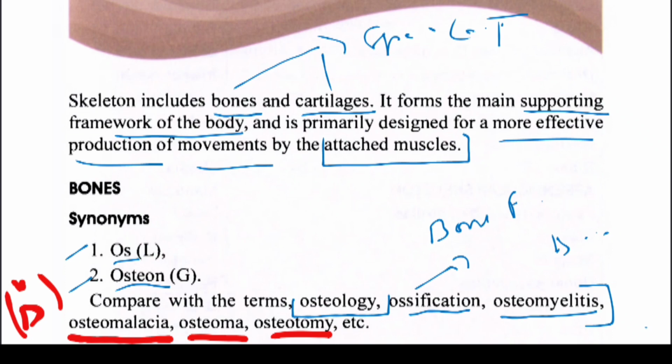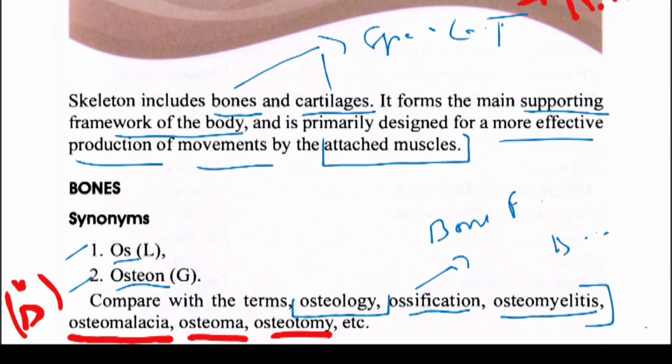Okay, so it is also of two types. One is the homoplastic osteoma and another is the heteroplastic osteoma. Okay, so what is meant by homoplastic? When a bony outgrowth is coming from a bone itself, it is called homoplastic osteoma.